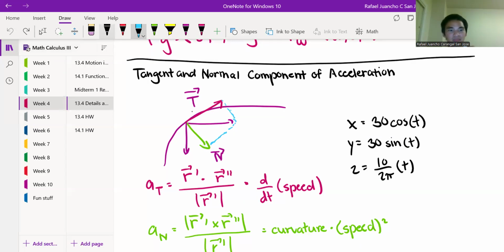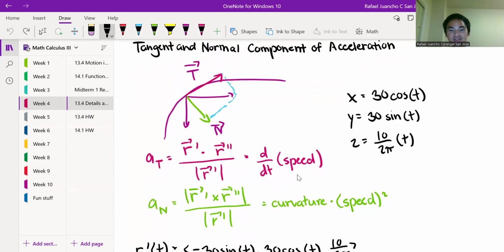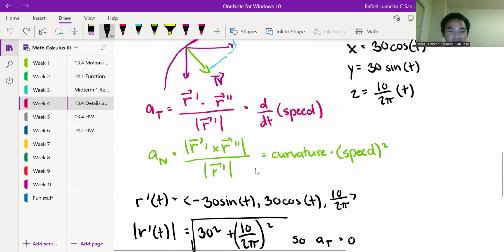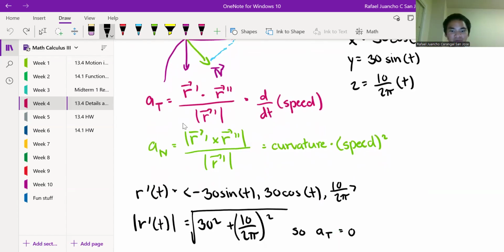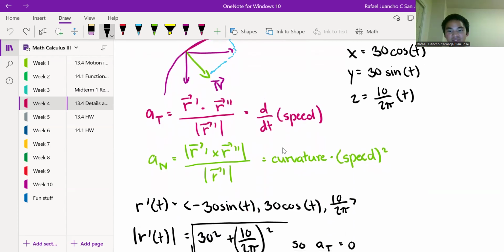These are the formulas. And we say that my tangent is just the derivative of my speed because we're analyzing how our speed is changing, right? Are we accelerating? Are we decelerating? That's calculus 1. And our normal is the curvature, how much it curves, times speed squared.